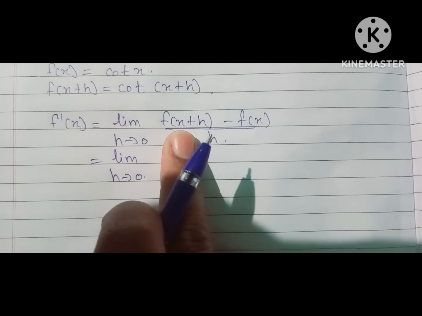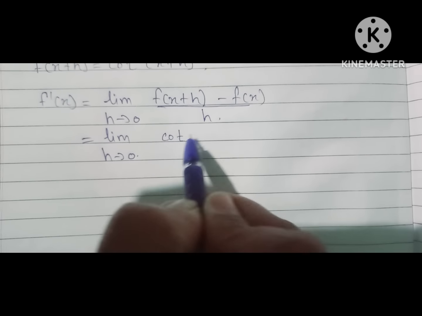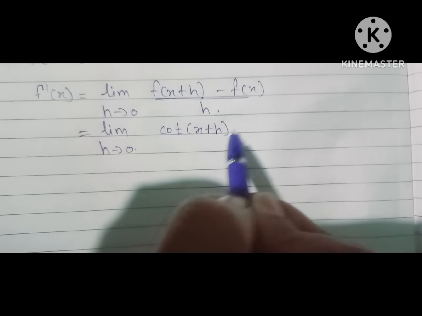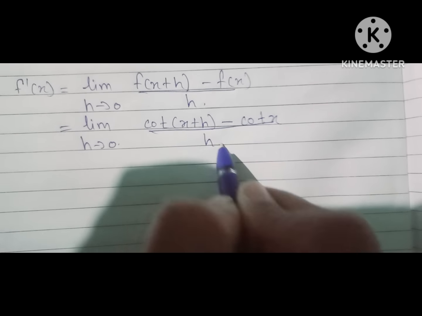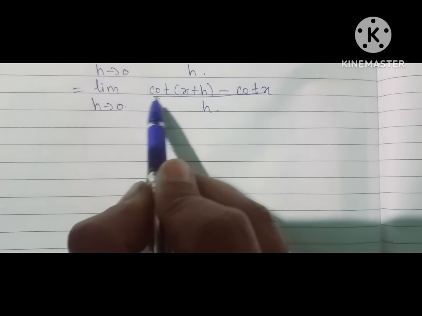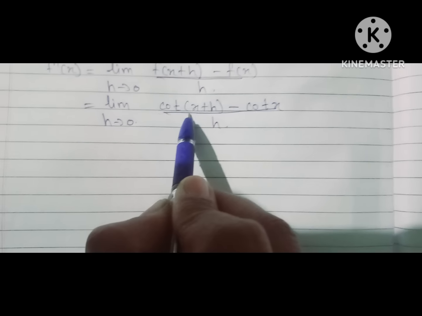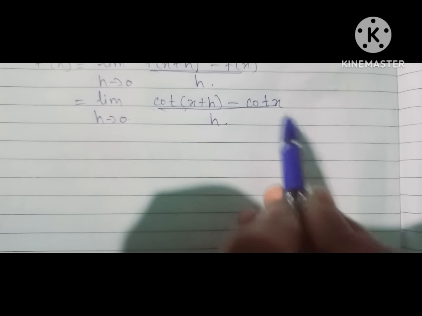What is the value of f of x plus h? It is cot of x plus h, and the value of f of x is cot x. So we'll put the value of f of x. Now, as we know, in trigonometry there is no such formula for cot a minus cot b.